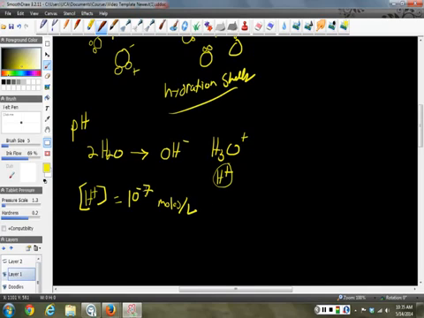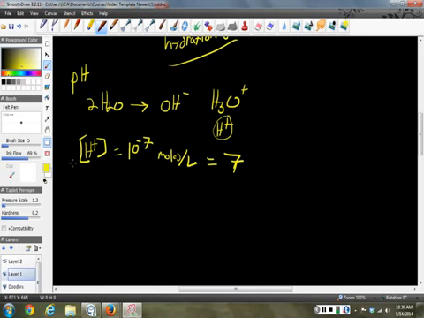And if we take this negative 7, turn it to a positive, and just say pH of 7 is neutral water. It comes from the measurement of how many hydrogen ions, or how many hydronium ions, are in that water. So pH of 7. So we're measuring the hydrogen concentration here.